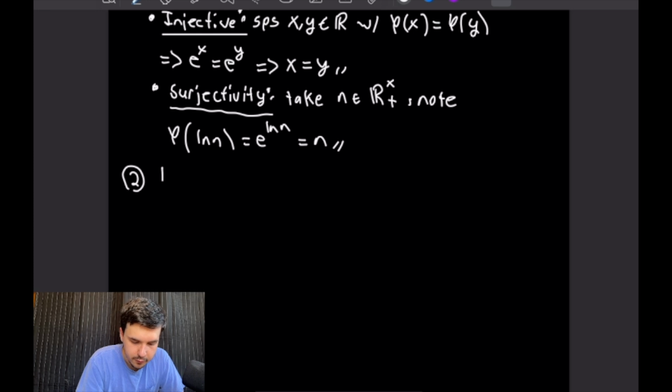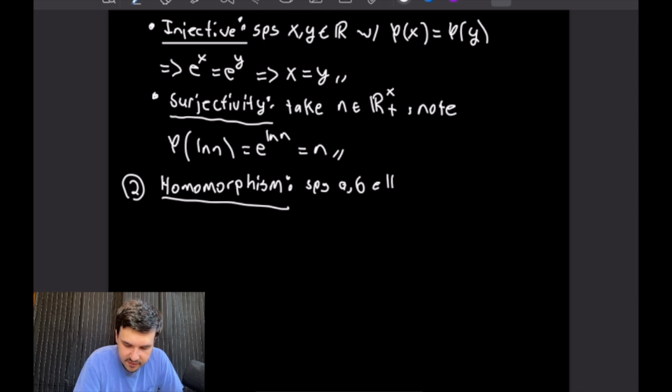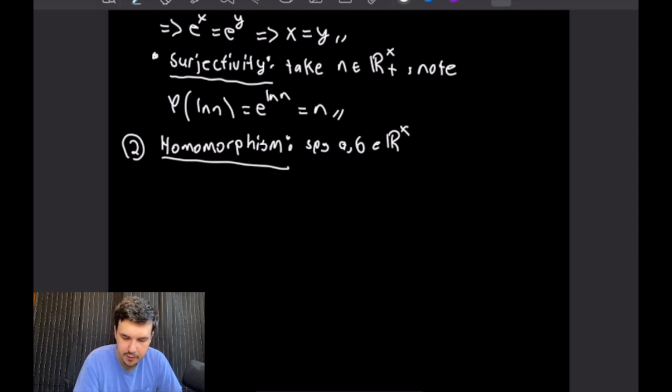So first we want to prove that this map is in fact a homomorphism, and we're going to do that just the way we have been doing. Suppose that we have an a and a b in our domain, which in this case will be the group of non-zero multiplicative reals. Then we want to consider phi of ab.